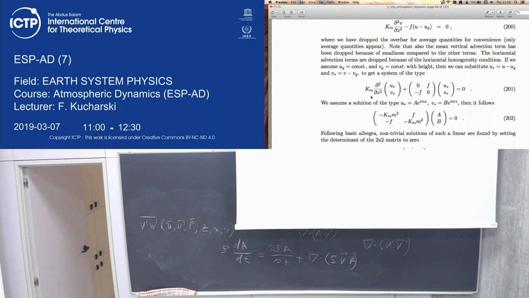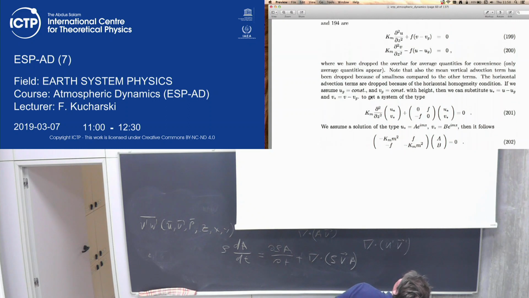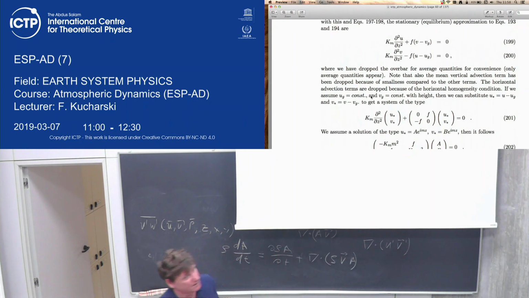We are very lucky because, using some approximations, we have derived a set of linear equations with constant coefficients, because we will assume for our treatment that this exchange coefficient is constant. Then we can use our linear theory again. We have a system of linear equations with constant coefficients, so we know that exponentials or sine and cosine should be solutions of this equation.